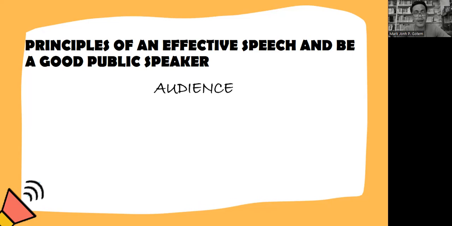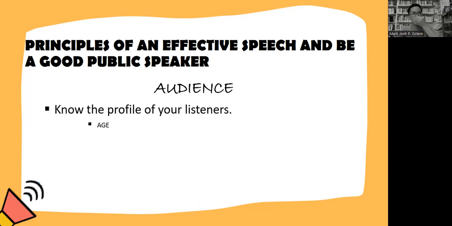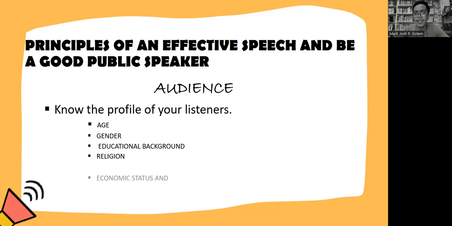First principle is your audience. You should know the profile of your listeners. You need to know their age, their gender, educational background, religion, economic status, and their interests. This is the first thing you should consider to be an effective speaker.